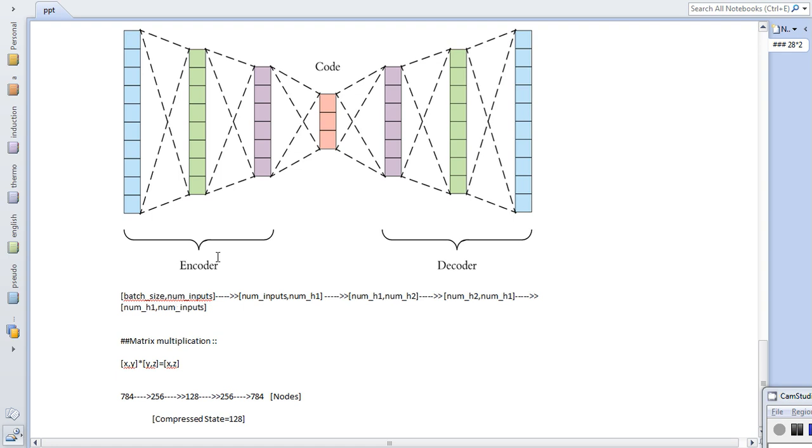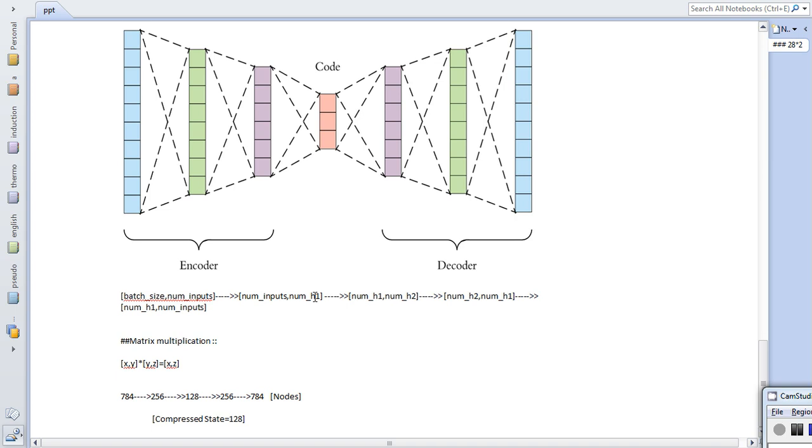Now using the neural network encoder scheme, we will try to convert this matrix using another weight matrix, which has dimensions number of inputs by the number of units in hidden layer h1.